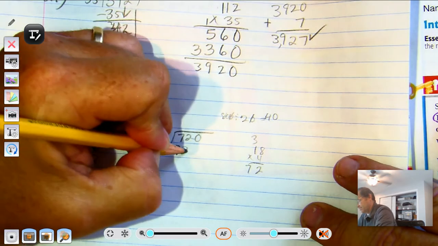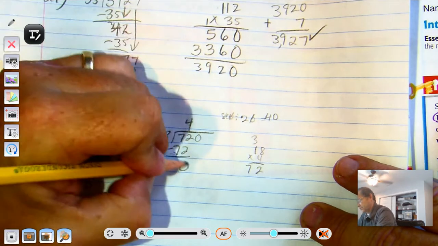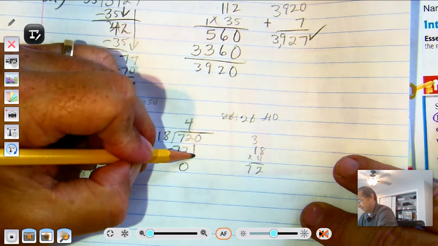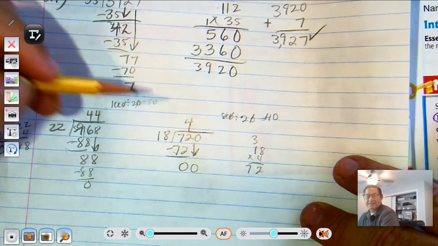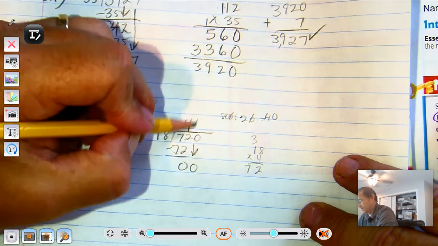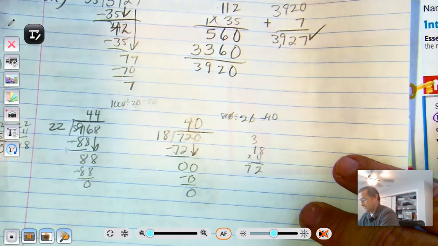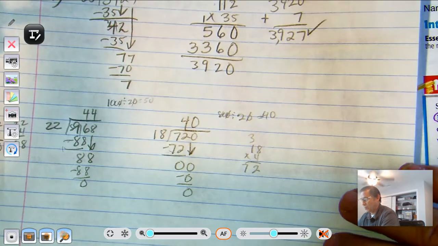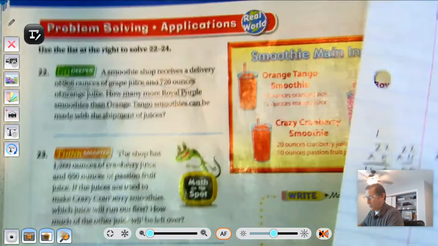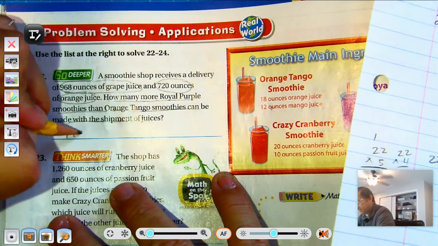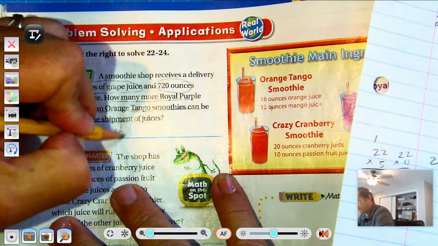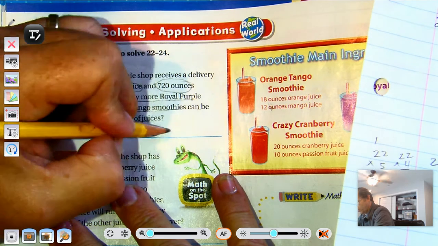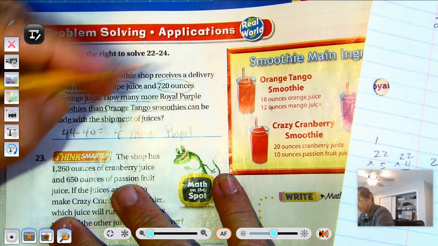That's 72. Subtract, we get 0. Bring down the 0 ones. How many 18s can you get from 0 ones? None, right? So we have 0 remaining. We have an answer of 40. So 44 take away 40, you can make 4 more Royal Purple smoothies.